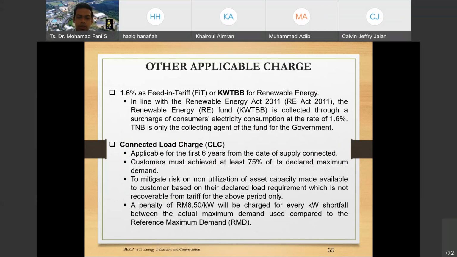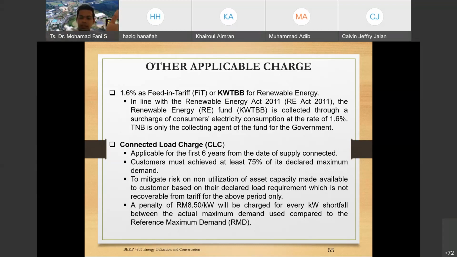It is applicable for the first 6 years from the date of supply connected, for the 6 years only. But for the first year, TNB will monitor and not charge the consumer yet if they are not able to achieve at least 70% of the declared maximum demand.